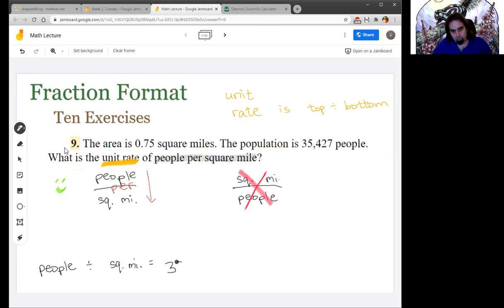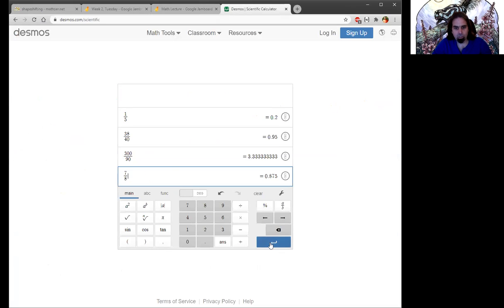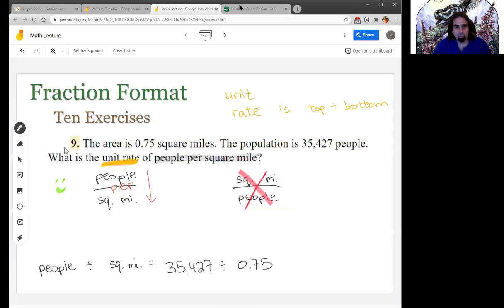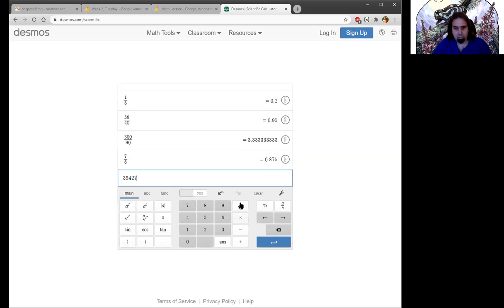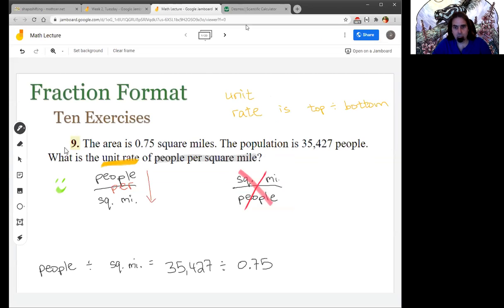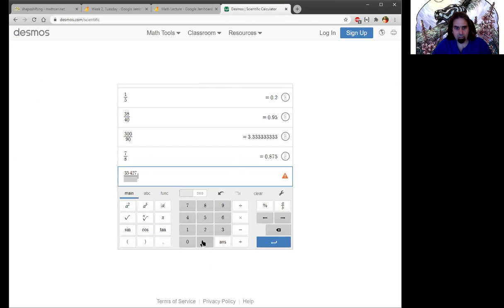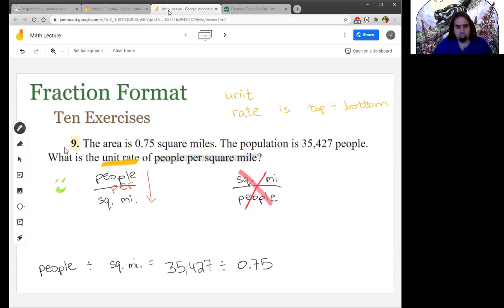So 35,427 divided by 0.75. Oops. 47,236 people per square mile.